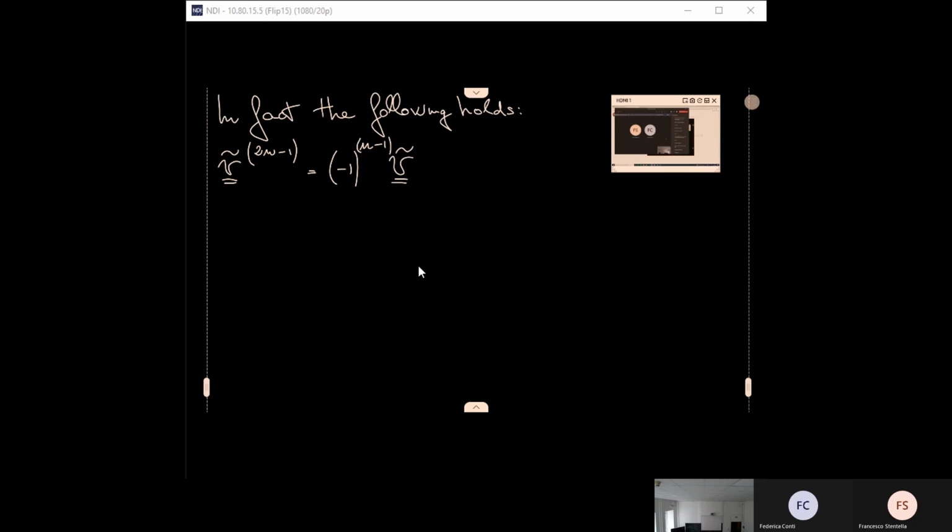And the second one is that v tilde to the 2n is equal to minus 1 to the n minus 1 times v tilde to the second. Okay. We will use this right now.